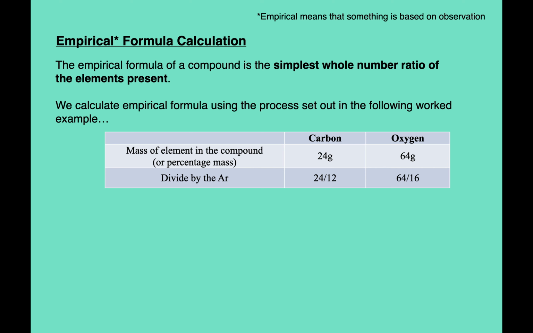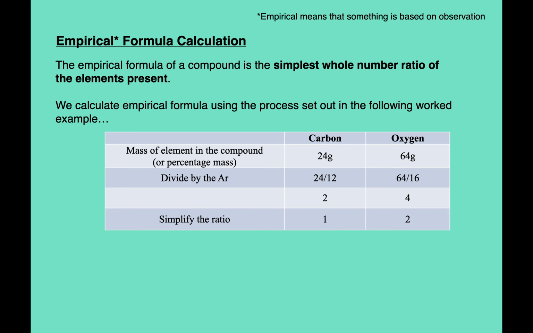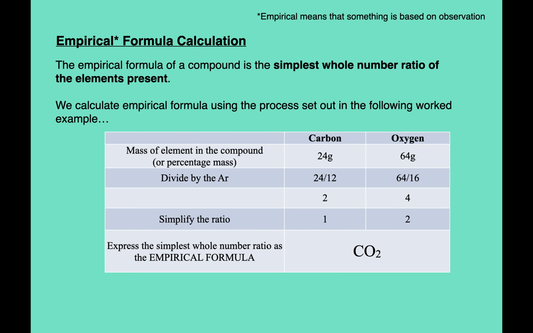So 24 divided by 12, 64 divided by 16, there are the numbers. We obviously have to simplify that ratio. We get 1 to 2, and then we know the ratio of carbons to oxygens, so we can write the empirical formula for the compound, which is obviously CO2. It's a nice simple example.